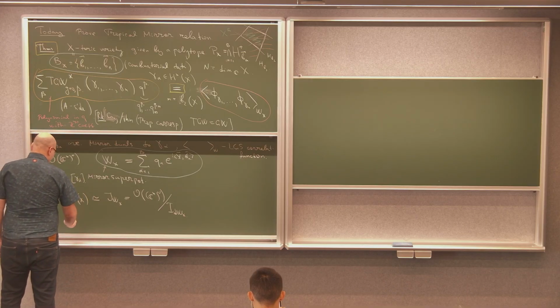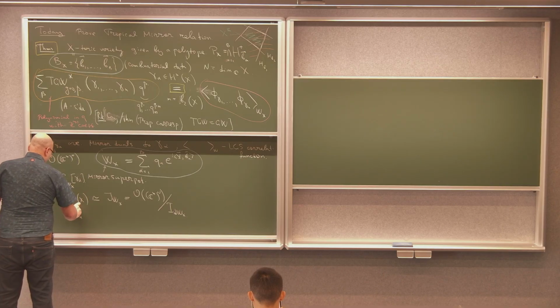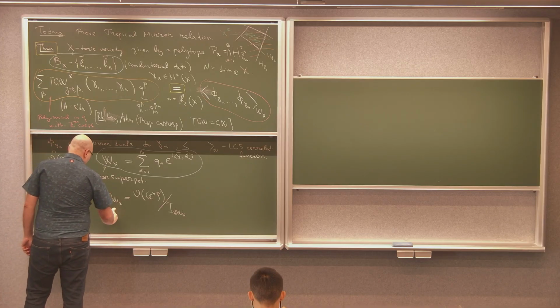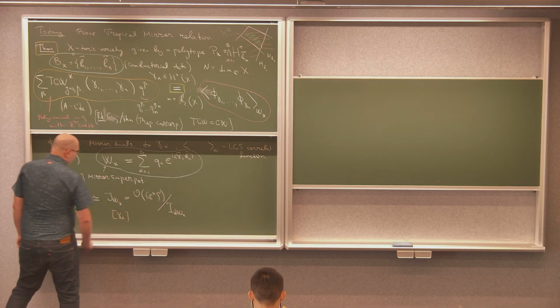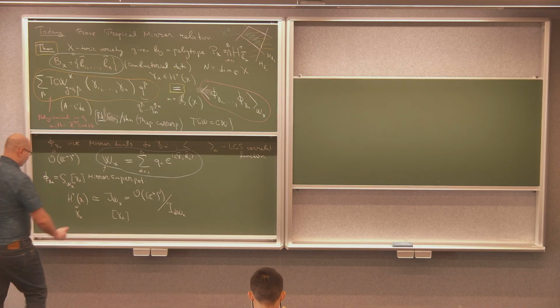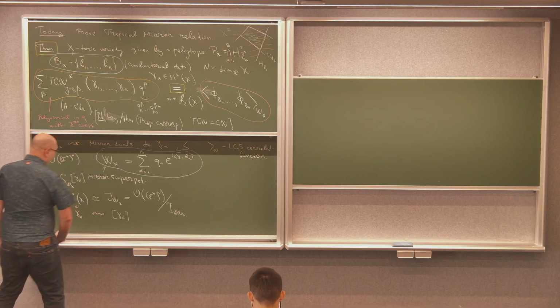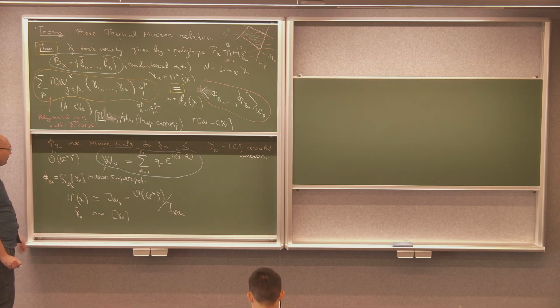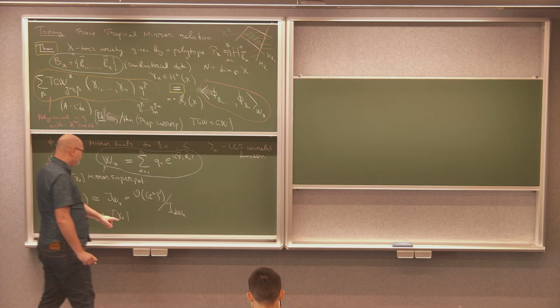And this isomorphism means that there is an identification between cohomology classes here and equivalence classes in this Jacobi ring.